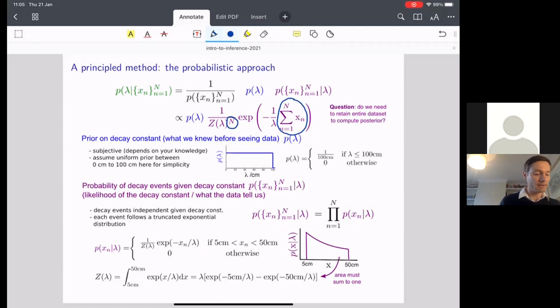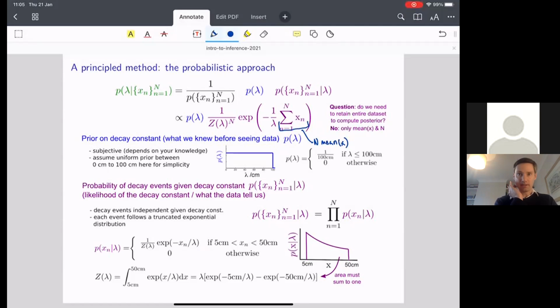And equivalently, you could also think about this as storing the mean of x and N. If we have the mean of x, then I can replace this sum in here with N times the mean of x. So it's exactly equivalent to store the mean of the data points and just the number of data points. And we could also compute the posterior and the likelihood terms.